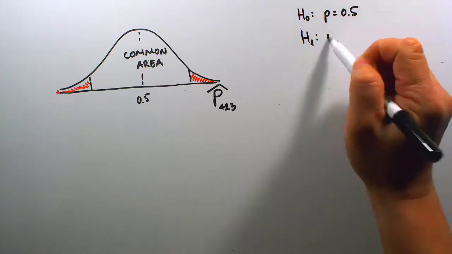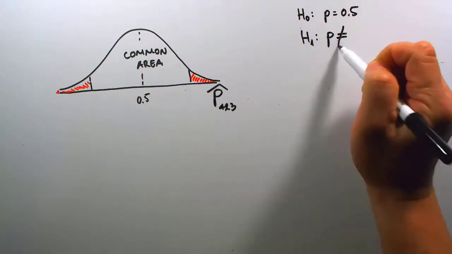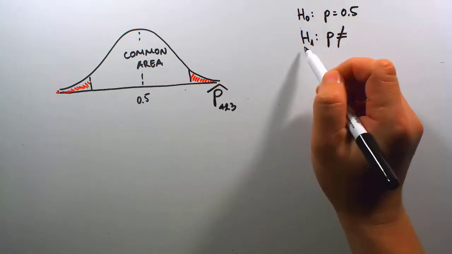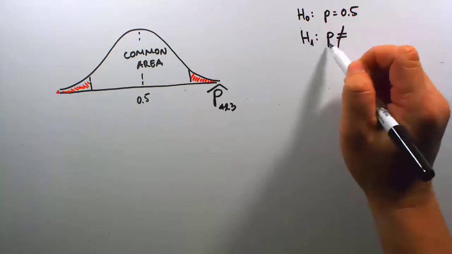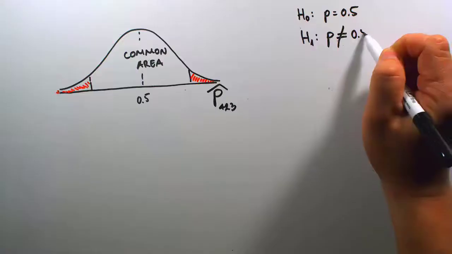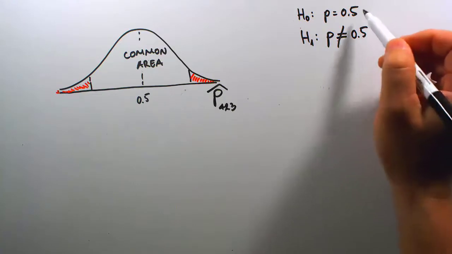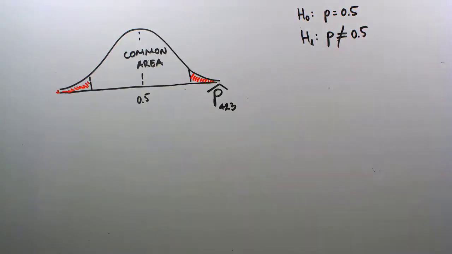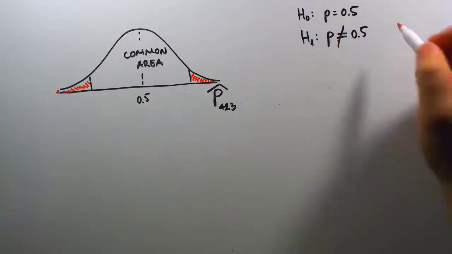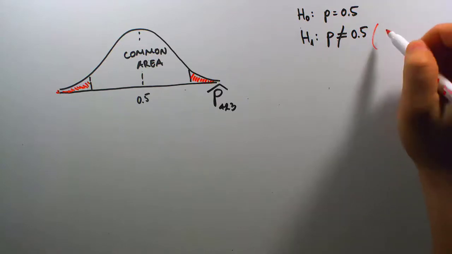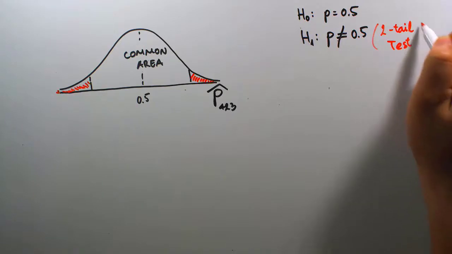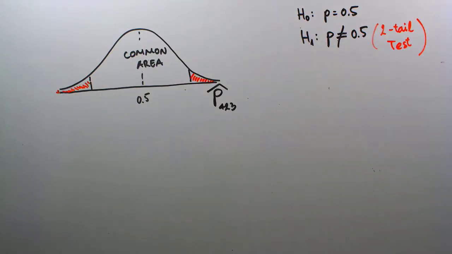Then as long as we recognize the inequality in the alternative hypothesis, saying that P is not equal to 0.5, or not equal to the value claimed in the null hypothesis, that is a good sign that the test we are doing is going to be a two-tailed test.